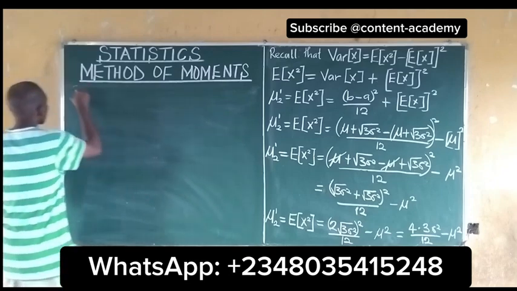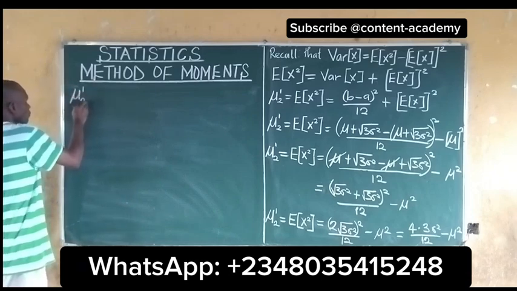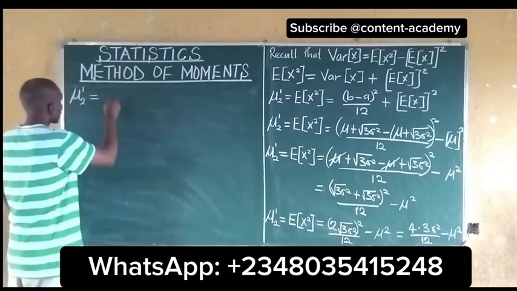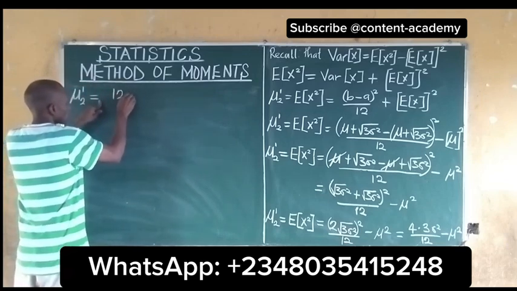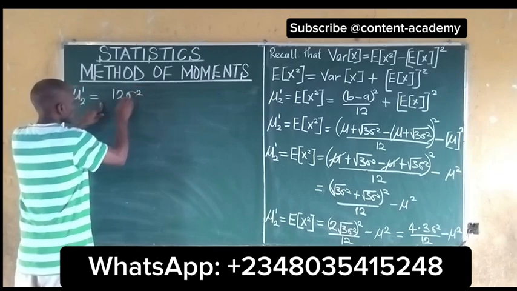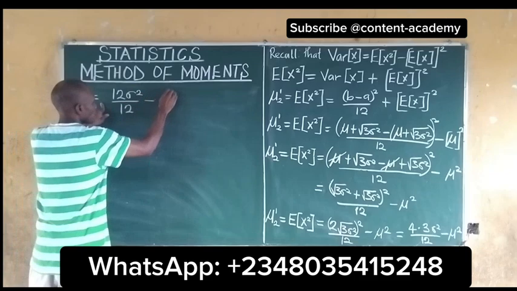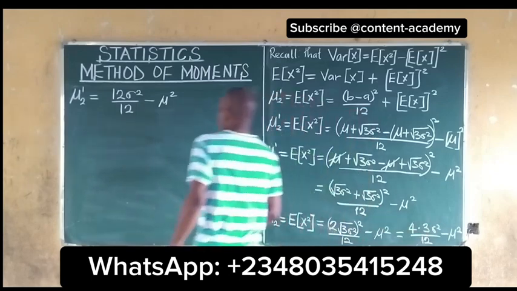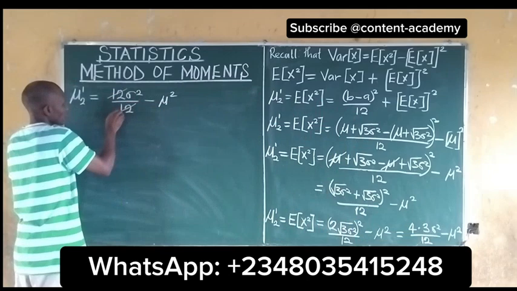Now we have our same population mean for the second moment to be, we have 12 sigma squared all over 12 minus mu squared, which is this. 4 times 3 is 12, which is the same thing as this will cancel this.